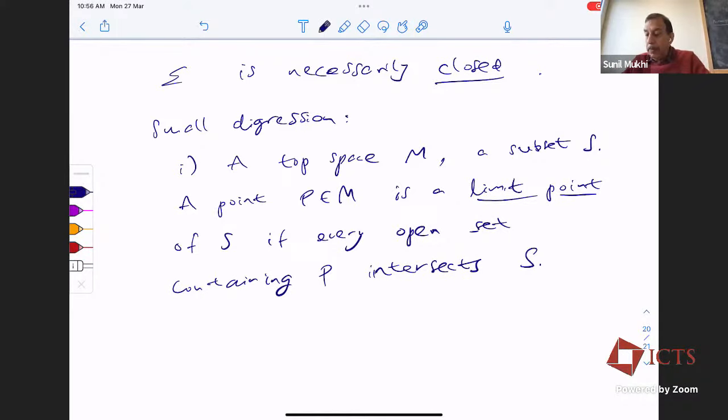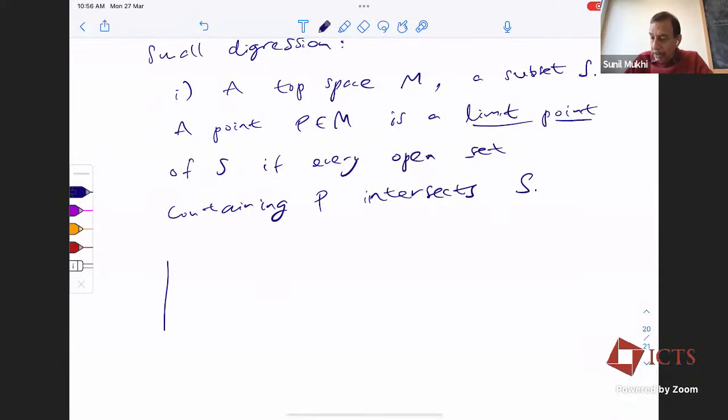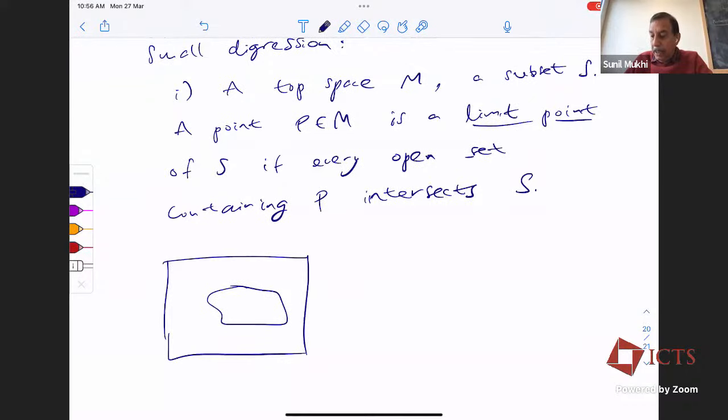That means if an open set contains P, it necessarily contains also at least one point of S. Now, of course, this is trivial if P happens to be inside S. So let's look at the cases. So here's my topological space. Here's S, and there are three possibilities for P. P is here.